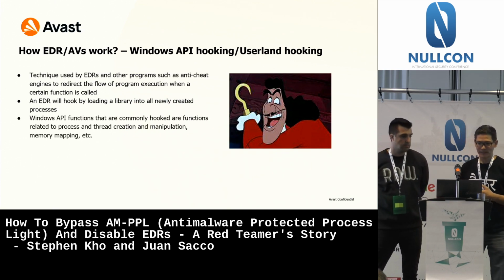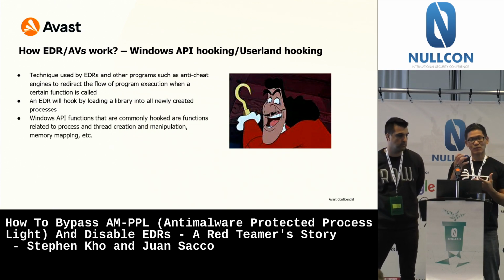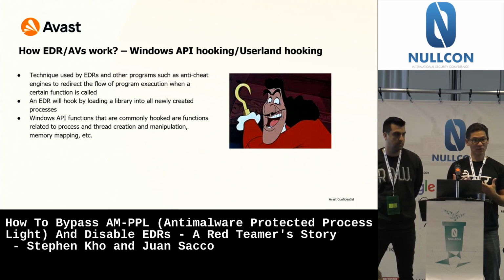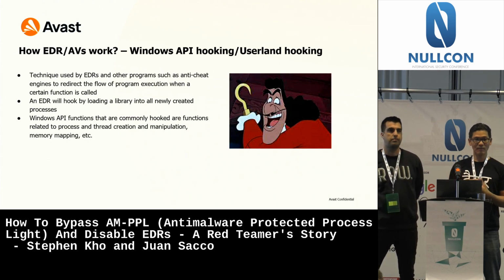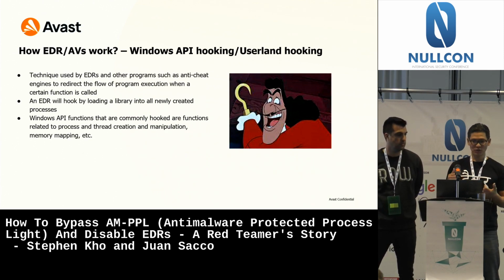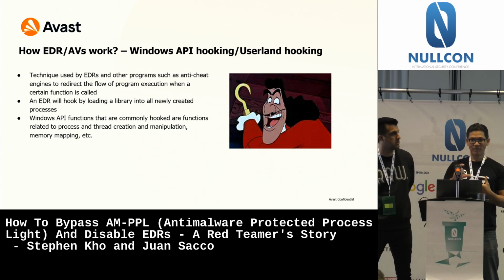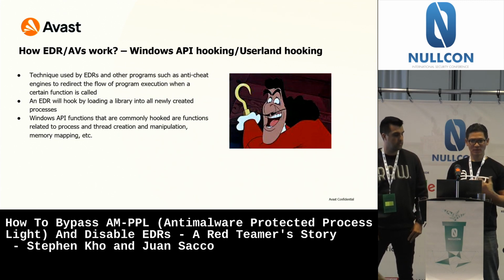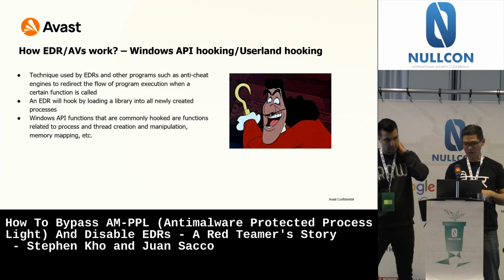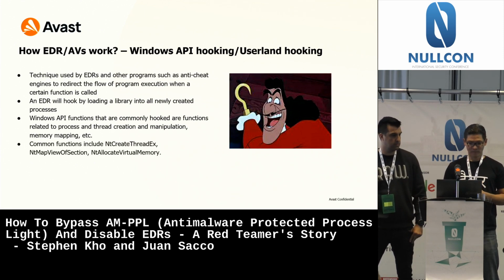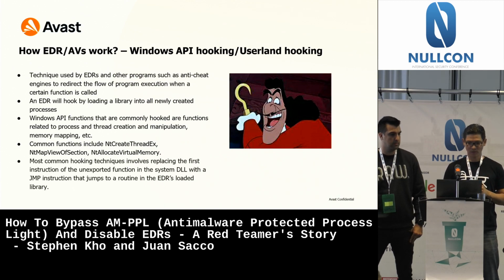And obviously it will hook common functions that you'll use, right? So if you open a program, whether it's thread creation or manipulation or memory mapping, they target particular and common functions that malware and other malicious programs will use, so that you can trap those. And these are the common functions that we can hook onto.